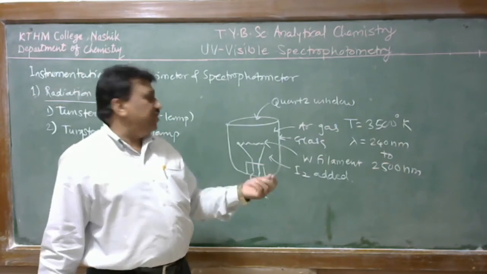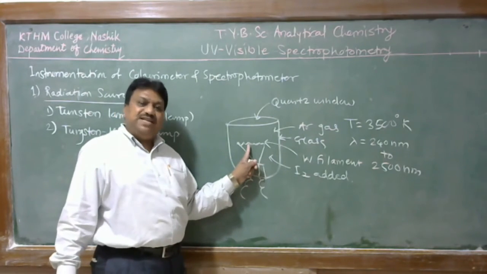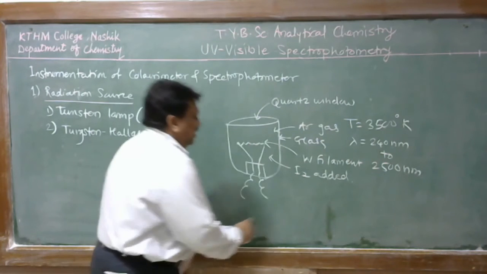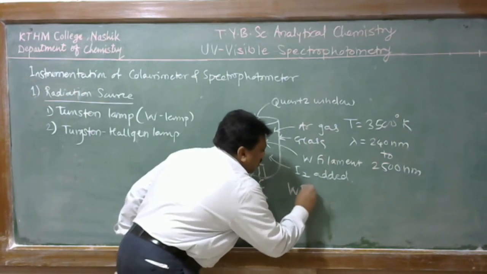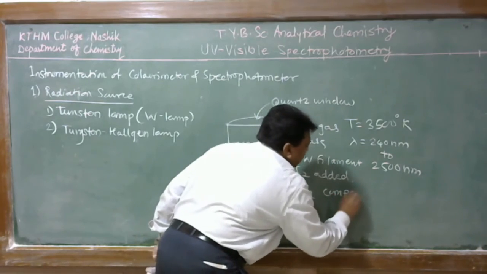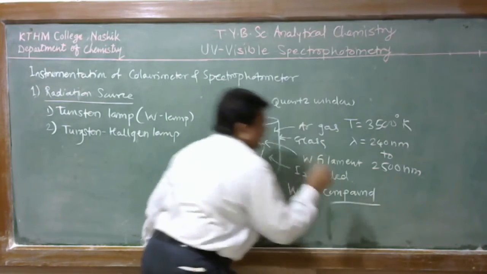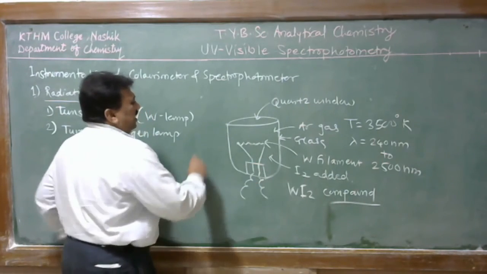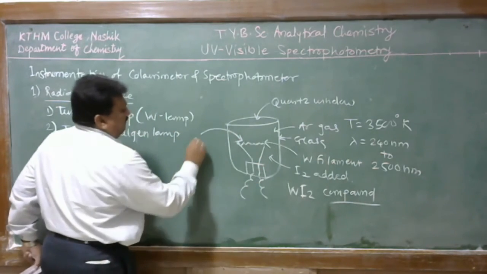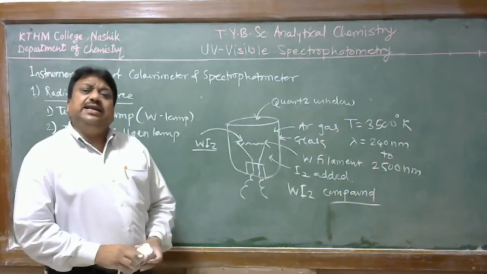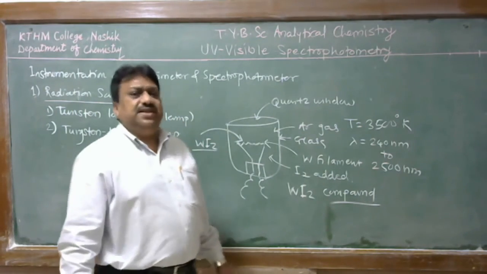Therefore, sublimation of the tungsten filament takes place, and if iodine is present, then WI2, a compound, is formed inside this chamber, and this again diffuses back to the heated filament, and that increases the life of the tungsten lamp.